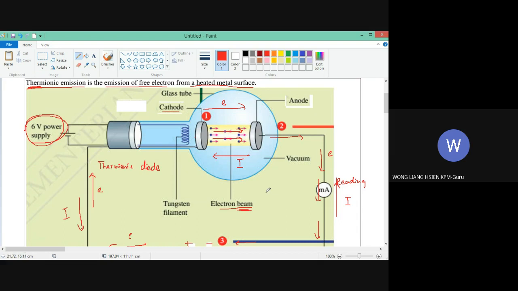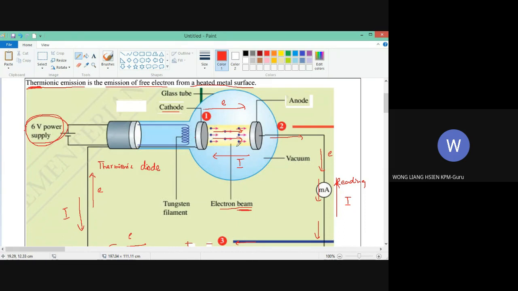This electron beam, or this emission, comes from the cathode. This beam of electrons is like a ray, because it is like light, like a ray of light.